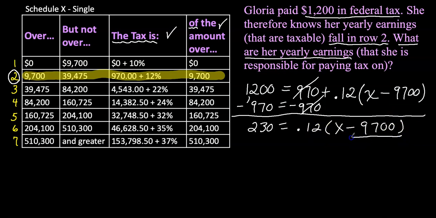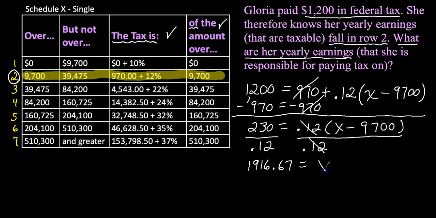So to undo multiplication, just do division. So I'll divide both sides by 0.12. These drop off. And 230 divided by 0.12 is 1916.67. Now, when you divide this on the calculator, you're going to get more decimals. I just went to 2 decimal places because we're dealing with money. And if you put 0.66 here, that's fine as well.